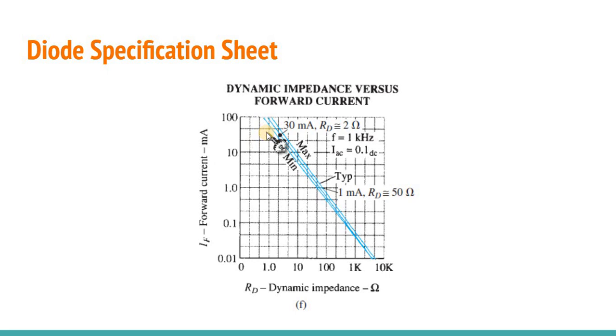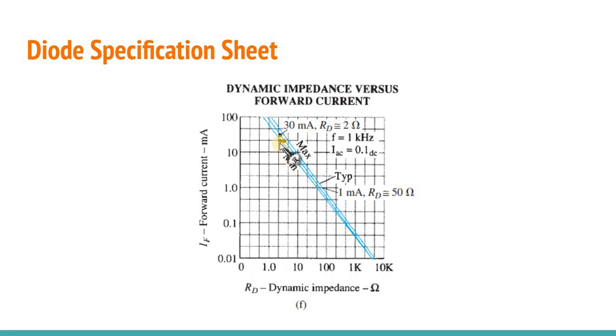Okay, with the increase in forward current, magkagamay ang iyahang dynamic impedance. Let's look here sa 10K, sa 10 kilo ohms, ang iyang forward current is approximately equal to 0.01 milliampere.